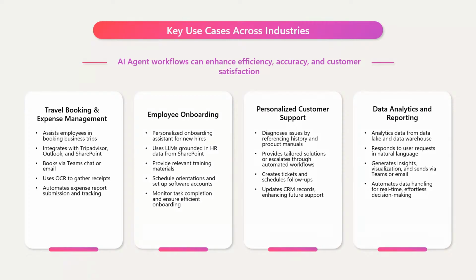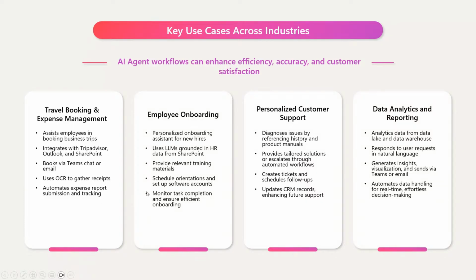And in each of these areas, agentic AI workflows are improving efficiency, accuracy, and customer satisfaction. For example, AI agents can assist with booking business trips, helping new hires onboard, or providing personalized customer support. So this technology is revolutionizing workflows by handling repetitive tasks, leaving humans to focus on higher level strategic decisions.